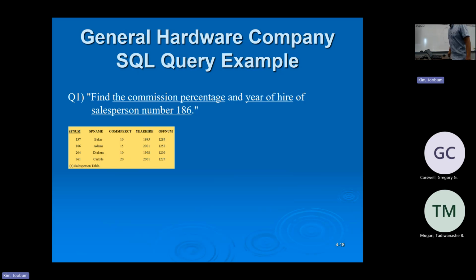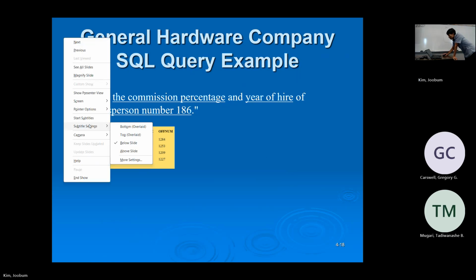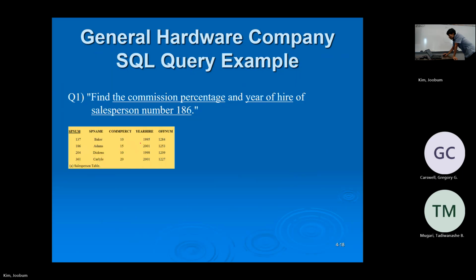This is a question: find the commission percentage and year of hire of a salesperson number. This is the salesperson table. There are 1, 2, 3, 4, 5 columns. You already created this table in General Hardware.